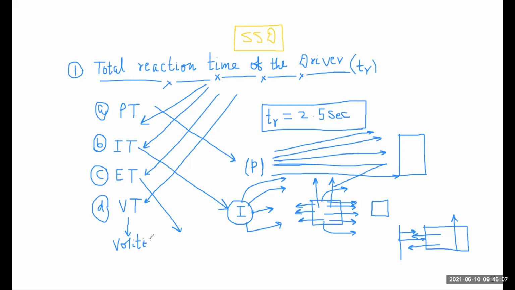Our brain gives the final message to our spinal cord, and the spinal cord sends the message to our leg to apply the brake. Volition time is the time taken by the driver for the final decision, like application of the brake. So these four components make up the total reaction time of the driver.